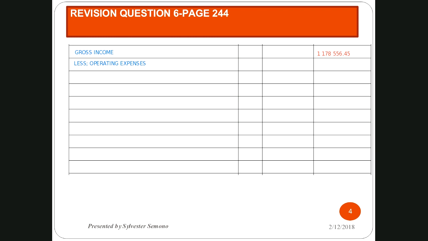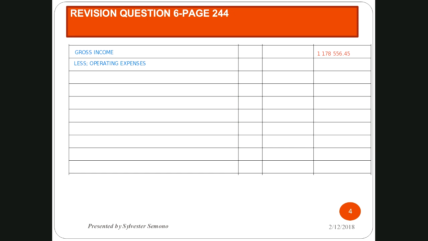Telephone and fax. Please, let's go and check if we have any adjustment. I think we do have an adjustment. For time being, I'm going to put the balance, which is 32,762.37. I think it is adjustment number 5.